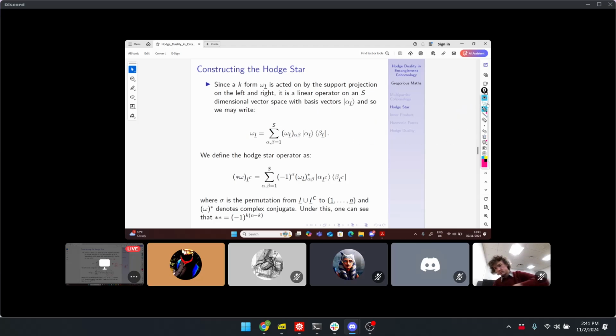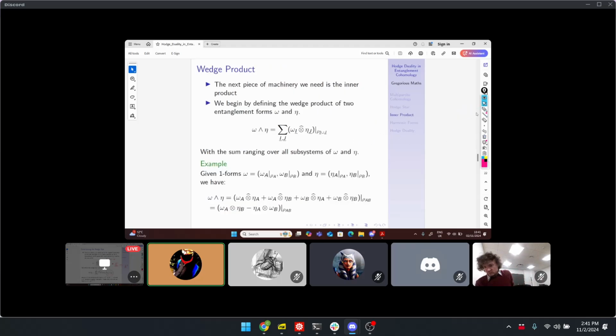Okay, so now the next thing we need is the wedge product. The reason we need the wedge product is that we want to define an inner product. The reason we want to define an inner product is because we want to attach an inner product space structure onto the space of k-forms.